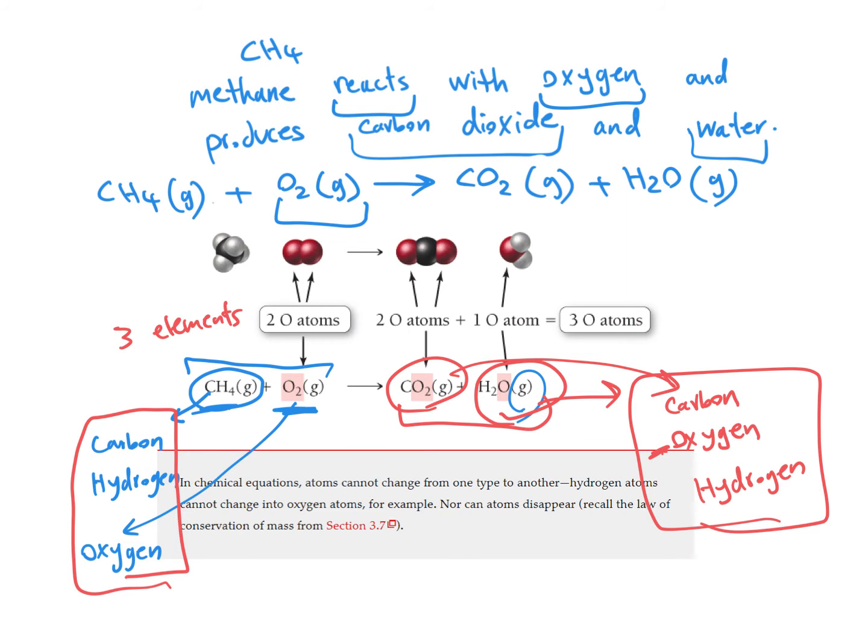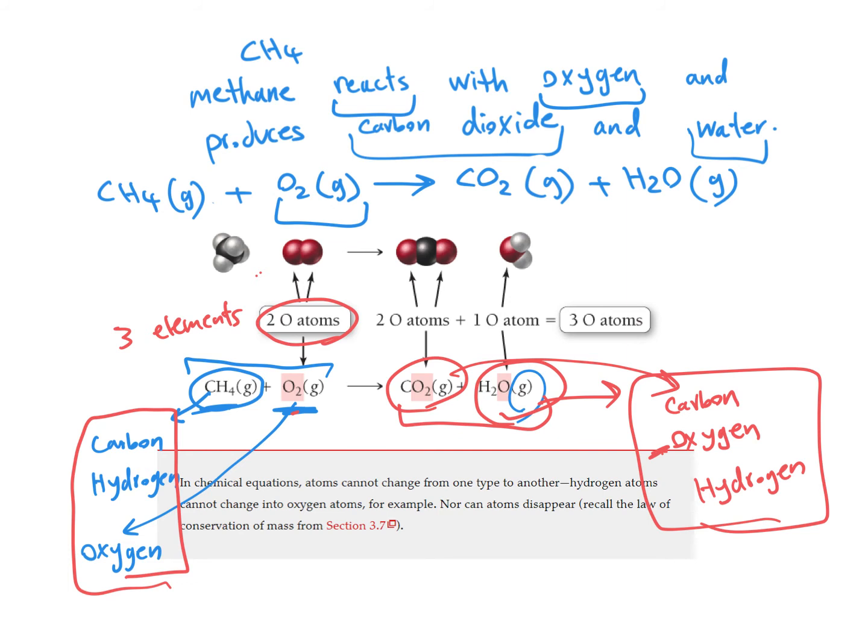So when you write chemical reactions, you should have the same elements on both sides. This is one thing that you should remember. Okay, and it helps you to write reactions. As we're going through the lecture, you should write different types of reactions, and this helps you to write those types of reactions. Your book also demonstrates that not only should we have the same elements on both sides, we should have the same number of atoms. So here we have 2 oxygen atoms on the left, right?